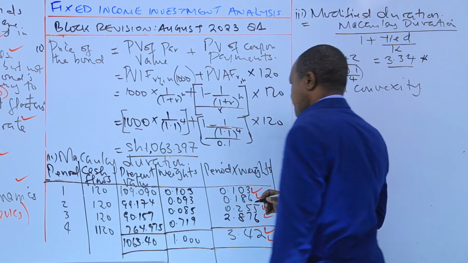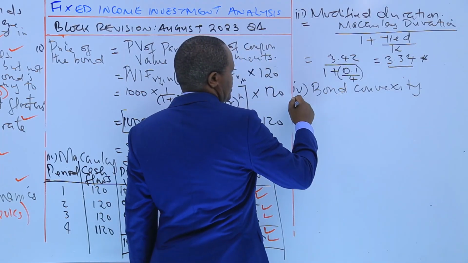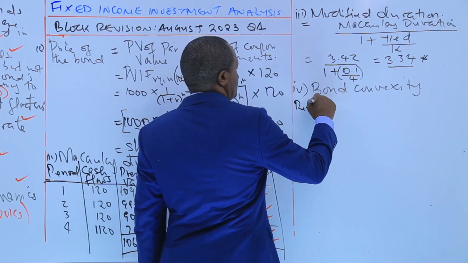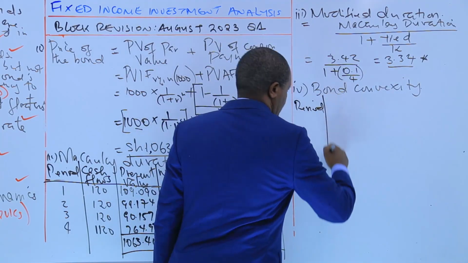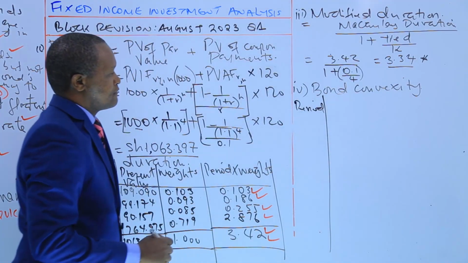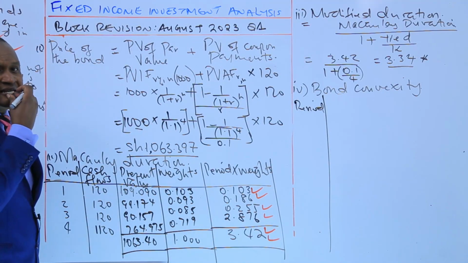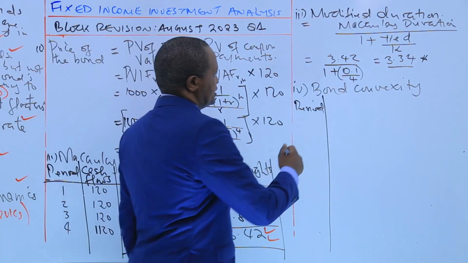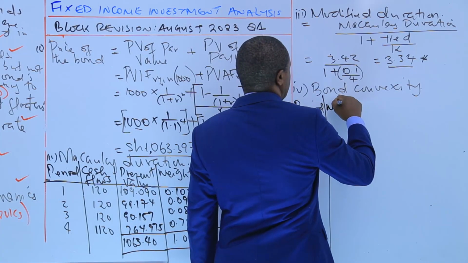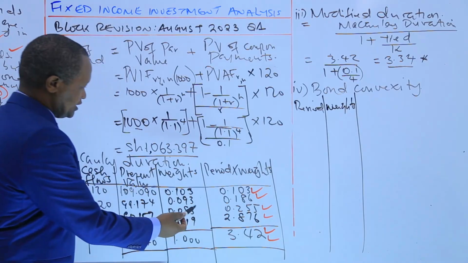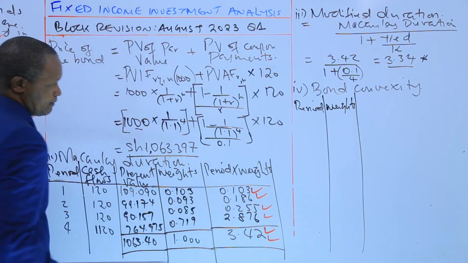We are given the period. This is how to compute. We're going to have periods on the first column. Then we'll have the weights, which we have already calculated. The weights we calculated here, we'll use these weights.